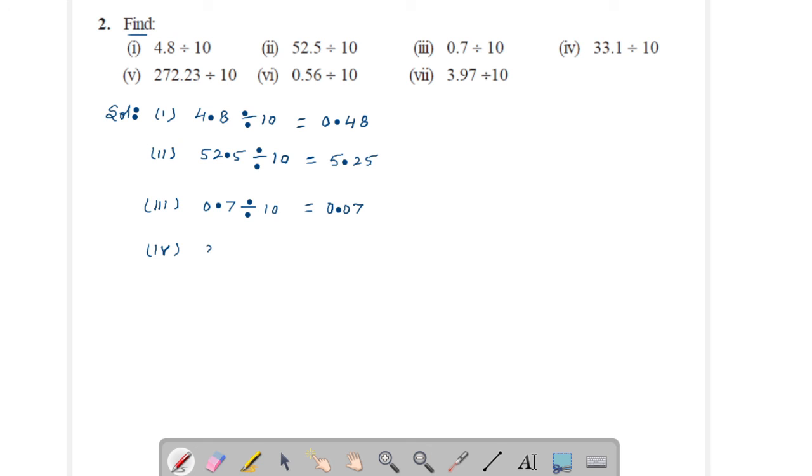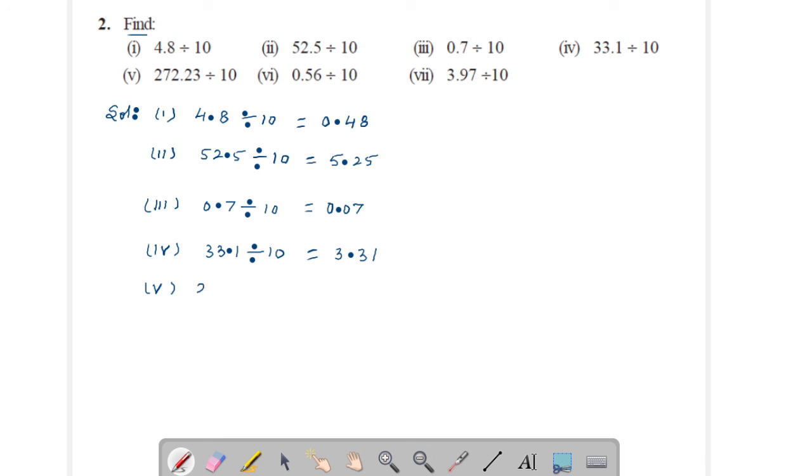It is 33.1 divided by 10. In 10 there is 1 zero, therefore the decimal will shift towards left hand side one digit. Your answer will be 3.31. Now come to fifth part.